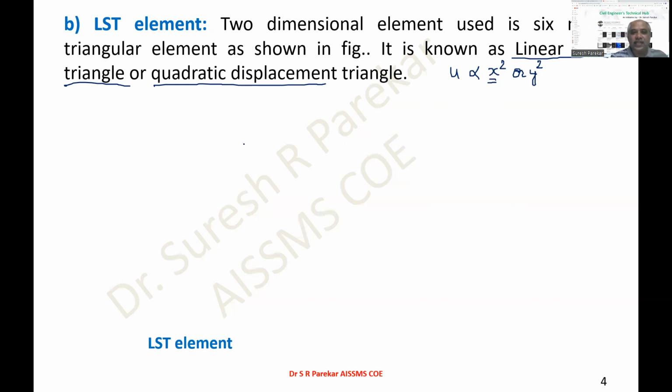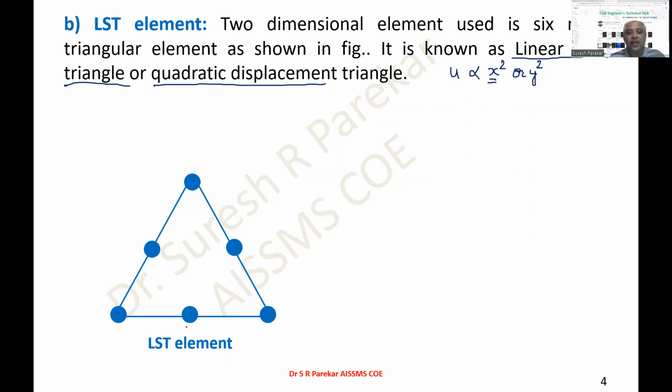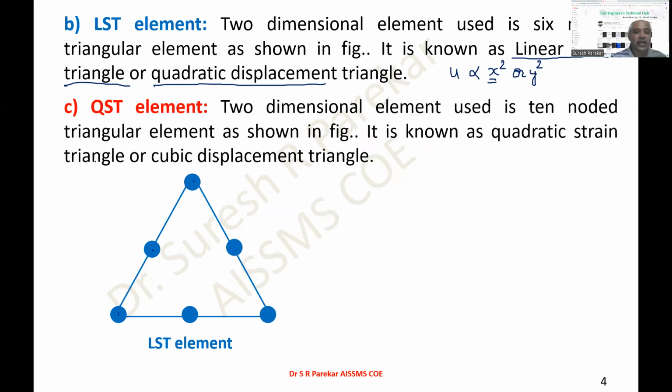In this, we have 6 nodes: 3 primary and 3 secondary nodes. As we have 3 nodes in one line, we get quadratic displacement, which gives us linear strain. That we will see, as with constant strain, when we go to Pascal's triangle.